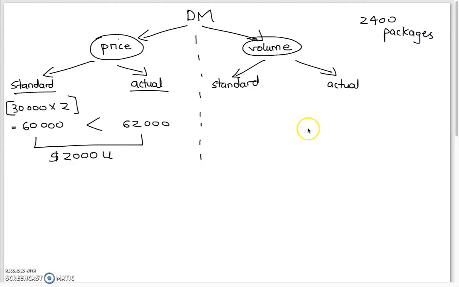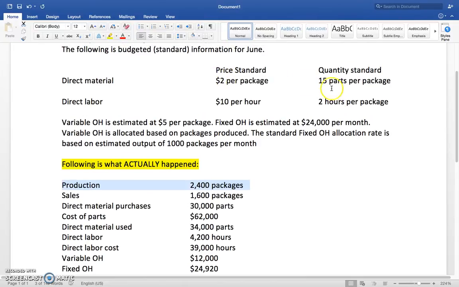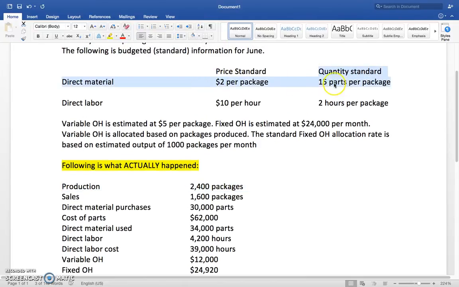In order for me to find my standard volume, I would see how much direct material I would need in order for me to create or manufacture 2,400 packages. So my budgeted quantity standard is 15 parts per package, right? That's what I thought it would be at the start of the month.